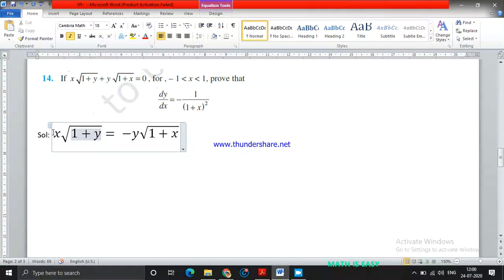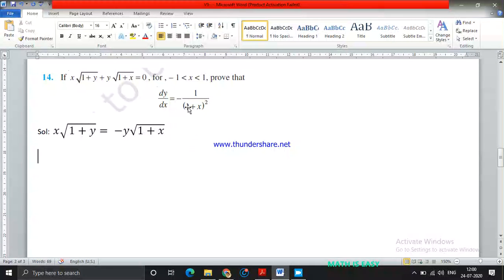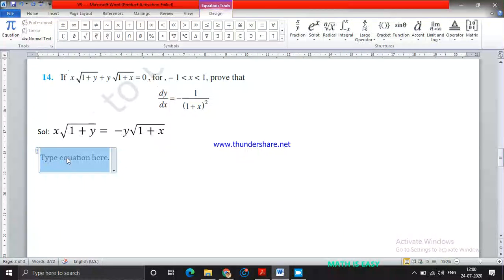There is a reason why we brought it to the right hand side. In the answer we don't have any root terms, right? So before I go for any derivative of the given function, I want to do square on both the sides. If I do square on both the sides, what you'll get? x square into 1 plus y, am I right, is equals to y square into 1 plus x, am I right?